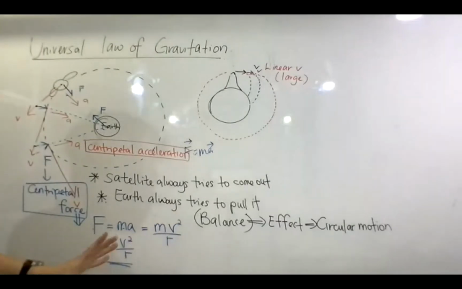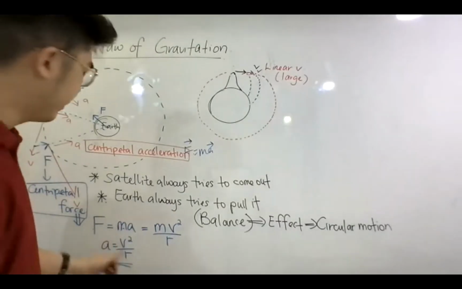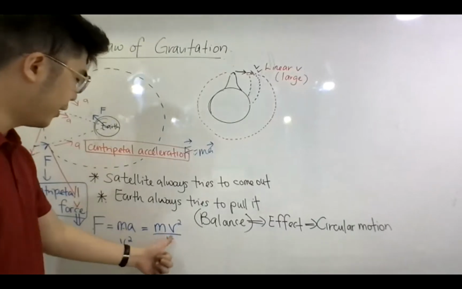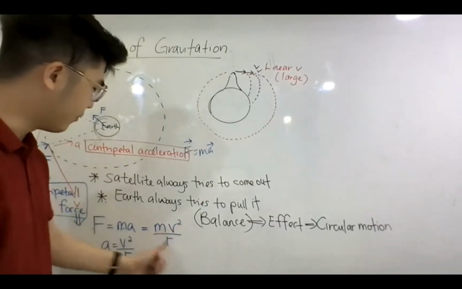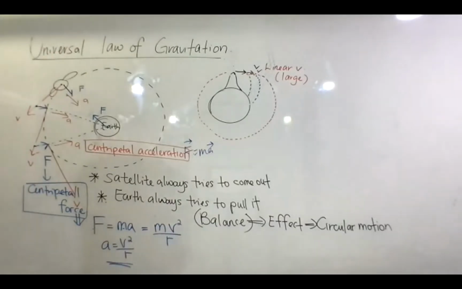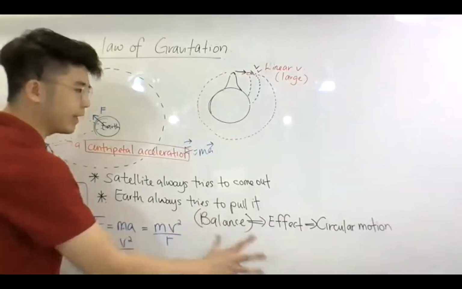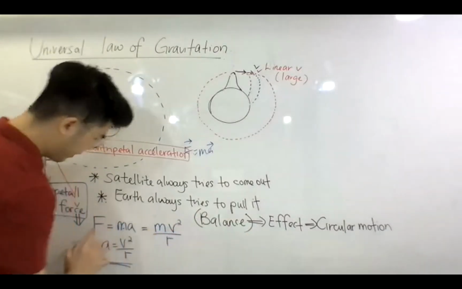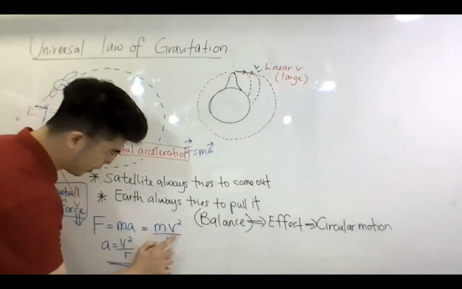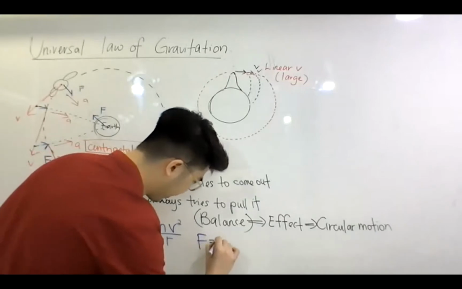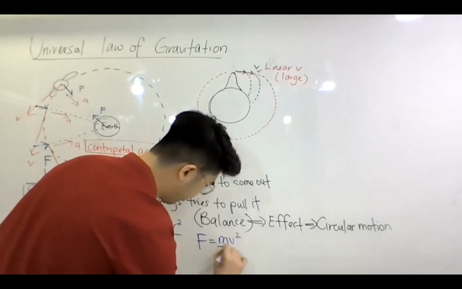For now, let's just hold on to the idea that the centripetal acceleration is v squared over r. Put it here, you get mv squared over r. So the centripetal force is mv squared over r.